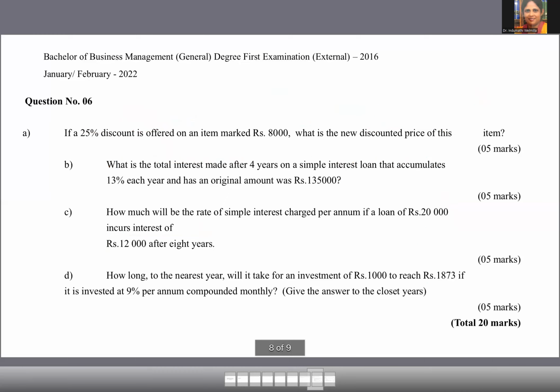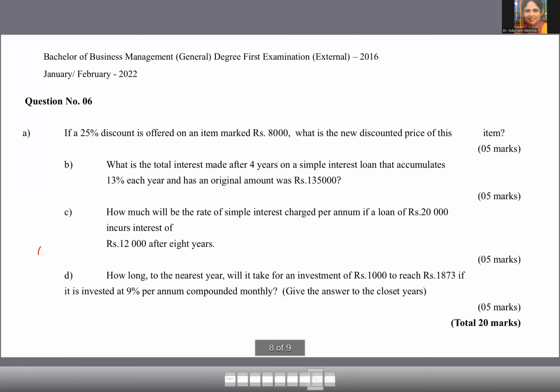And the final one asks: how long, to the nearest year, will it take for an investment of rupees 1,000 to reach rupees 1,873 if it is invested at 9% per annum compounded monthly?